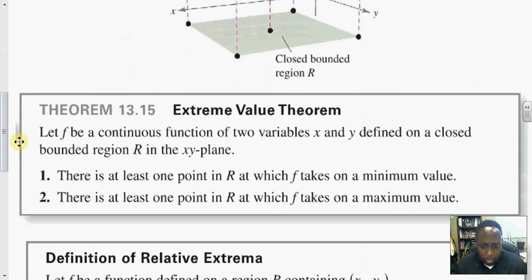And now we have translated that to mean in two cases that if the function is continuous on some closed interval, it has a minimum and also at least one maximum value.